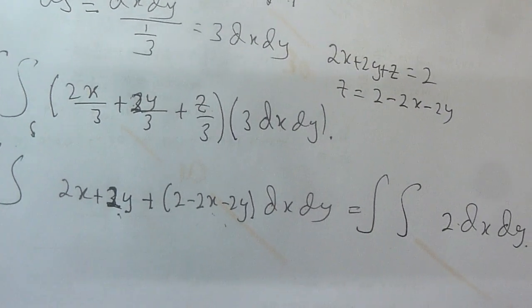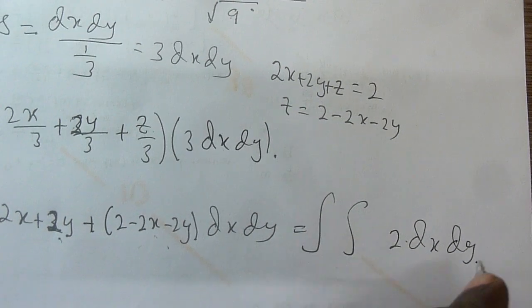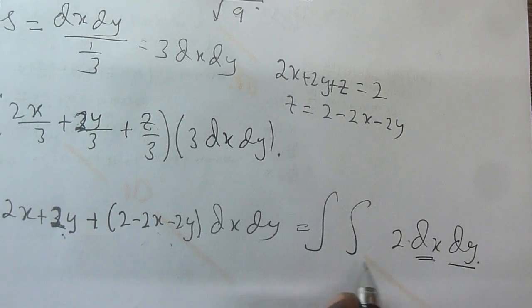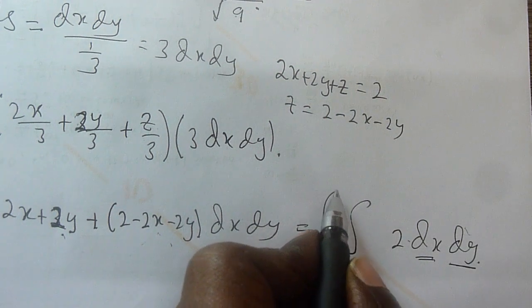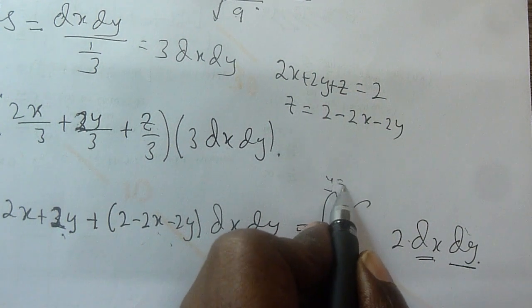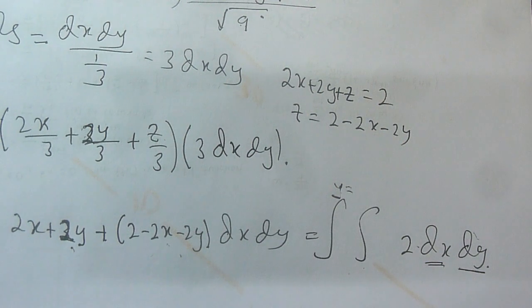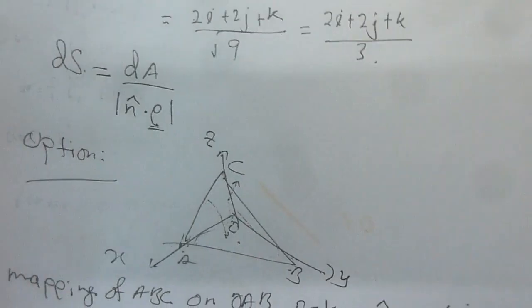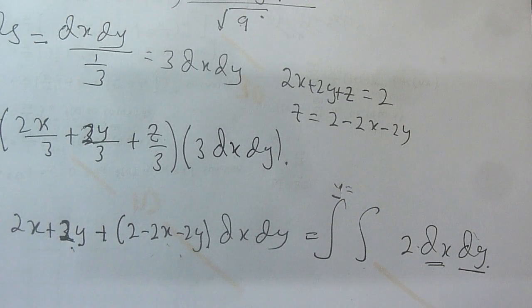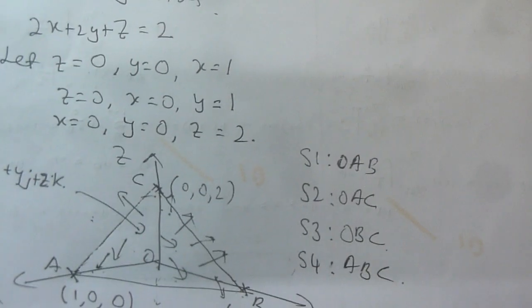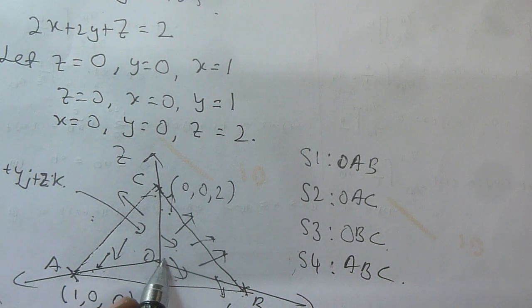Okay, now can we solve this? Now find out dx dy. Here we need to find out y, which is the highest, and the z. How to find out this? I go back to the first paper here. Look at this one. We are interested in this surface and this surface here.